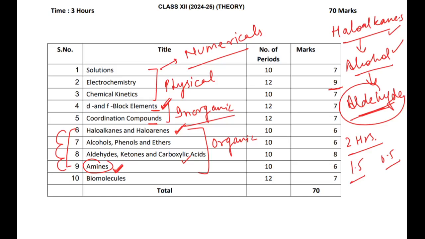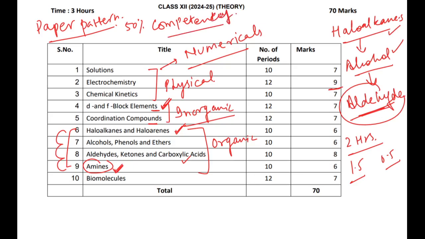Okay, now in the last I would like to tell you that CBSE has introduced a slight change in the paper pattern. This year we are having 50% competency based questions. Now what are competency based questions? These are questions which are skill based. They are not just knowledge based; that means whatever knowledge you have, how you apply that knowledge.